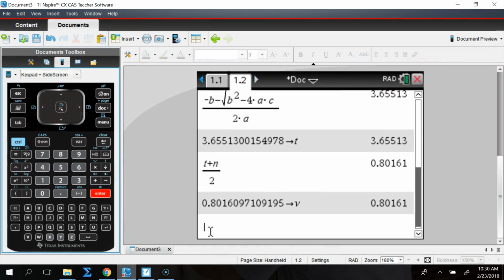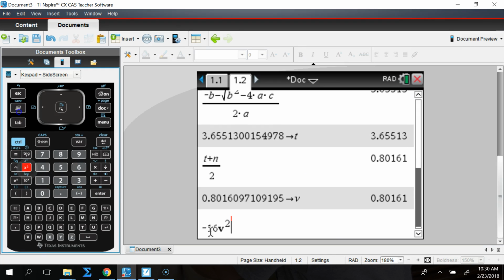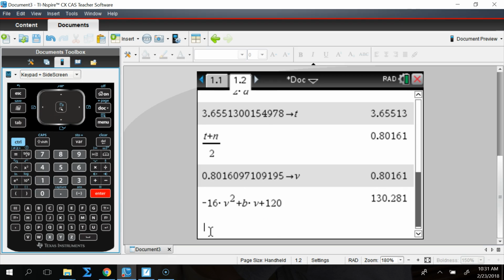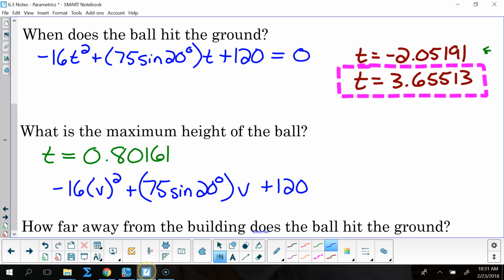You've got negative 16 v squared plus b times v plus 120. We already got all that stuff stored on there. So it gives me a maximum height of 130.281 feet.